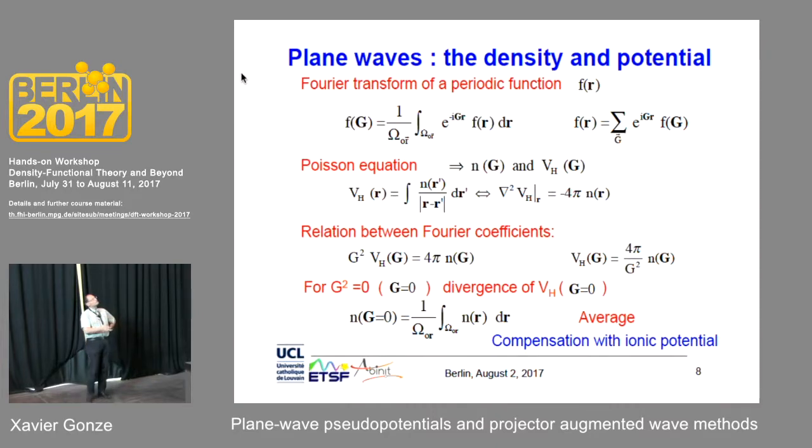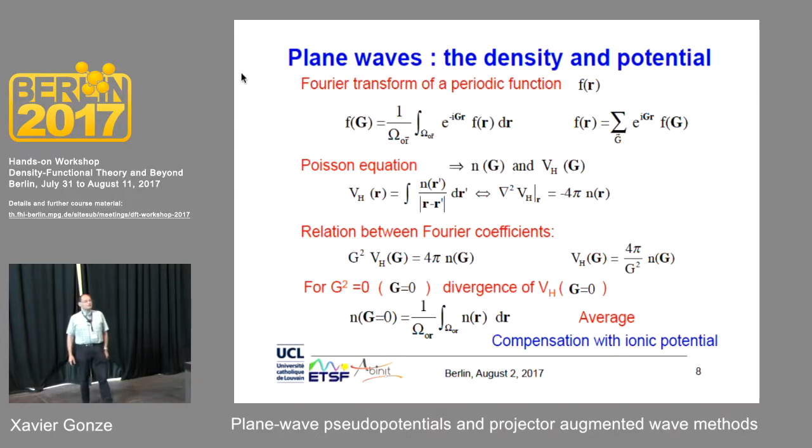Going to Fourier coefficients, we have simply g squared V(g) is equal to 4 pi times the density. And then we divide by g squared and obtain the potential V(g) from the knowledge of the density. You see, in reciprocal space, it's a very easy thing to do.